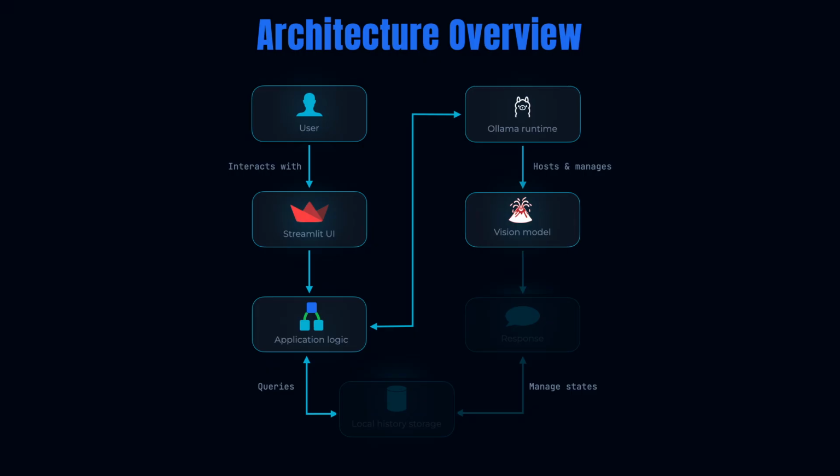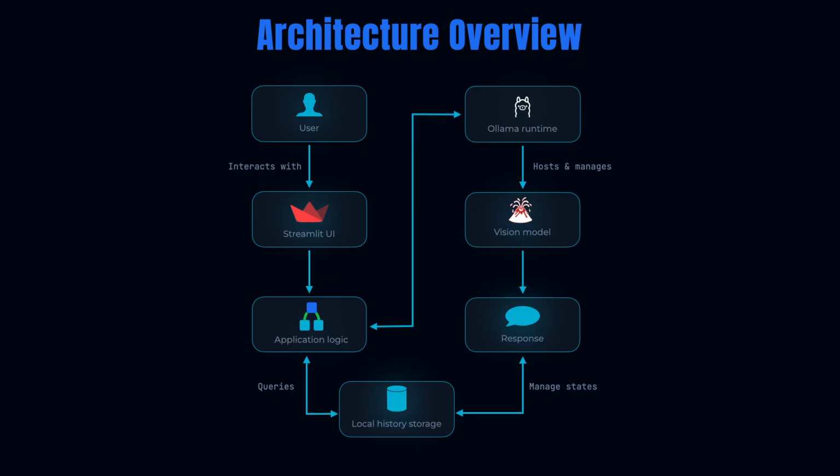The model digests the image, understands our prompt, and gives us the response. And all the responses are kept in your local history storage for subsequent usage, for subsequent context. That's literally the entire pipeline.